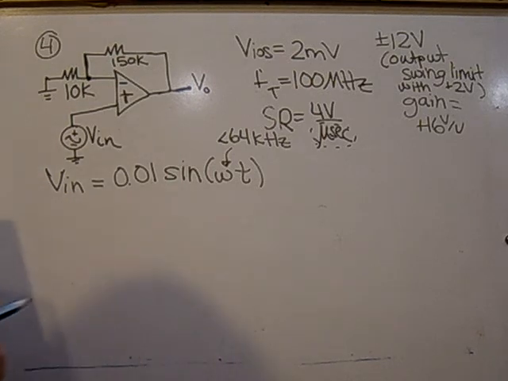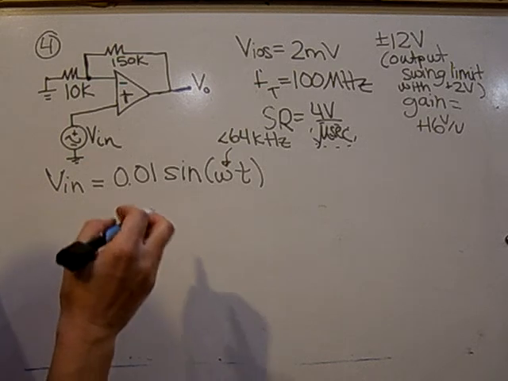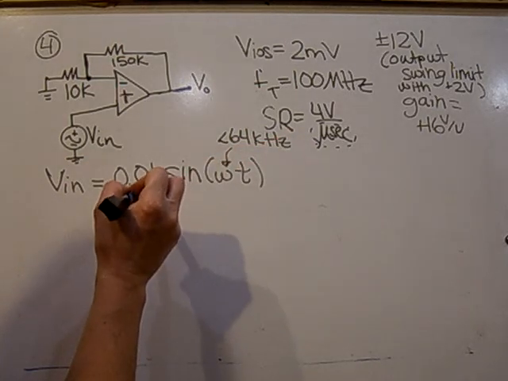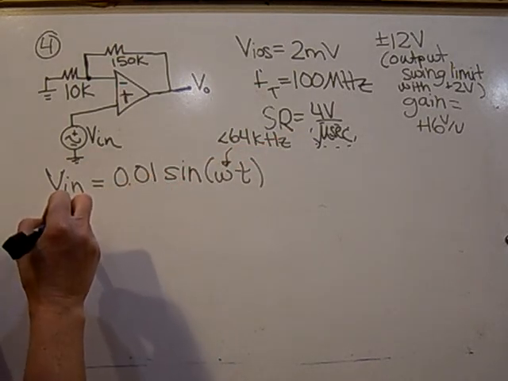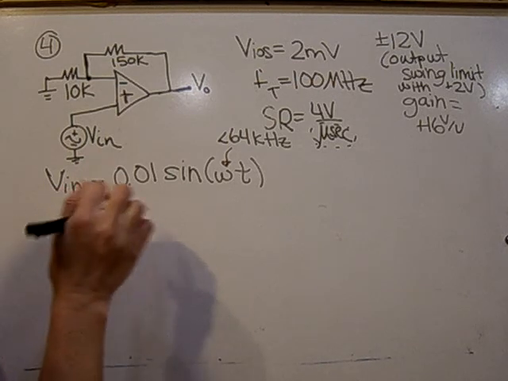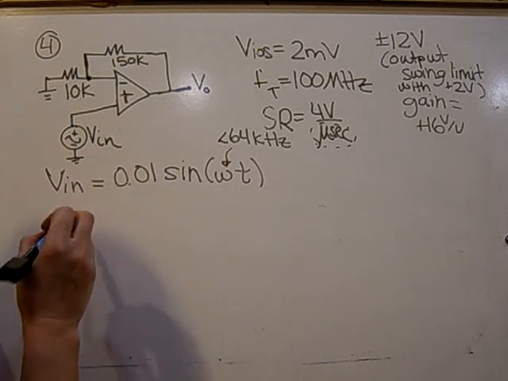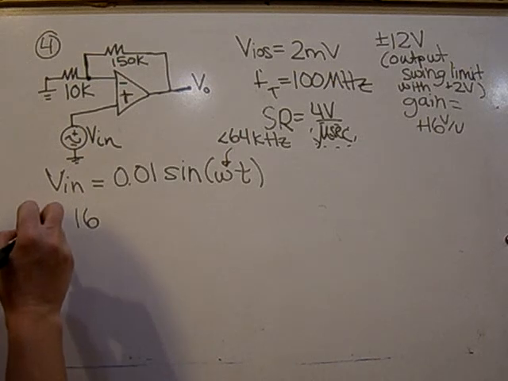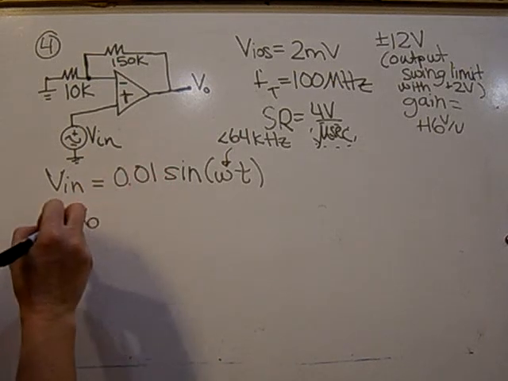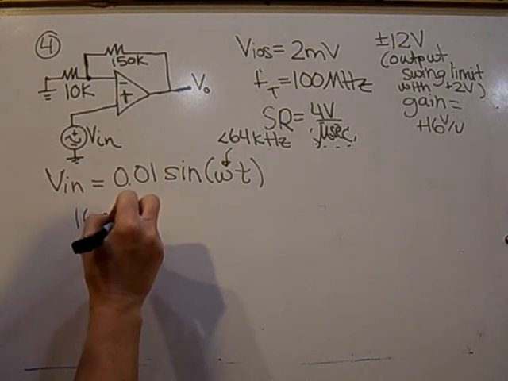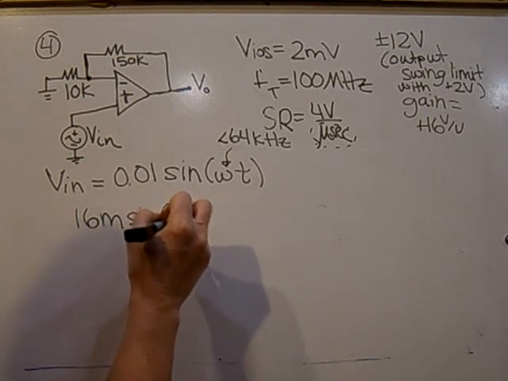To find this, we know our gain is 16. So we take 16 times this, and we get 16 milli sine omega t.